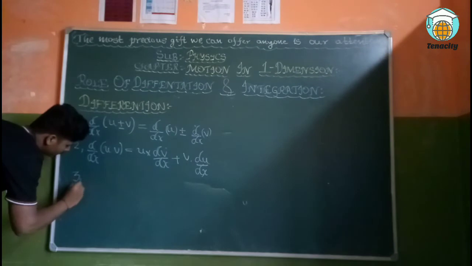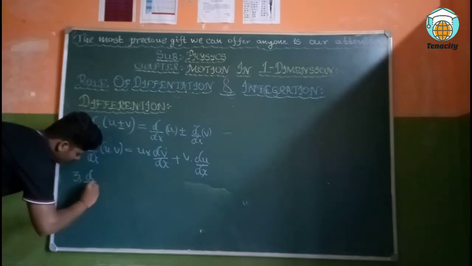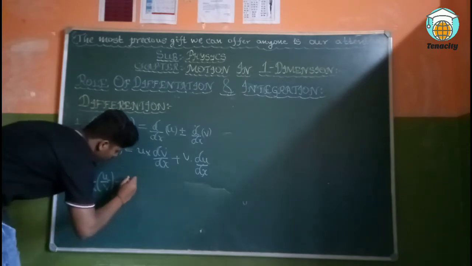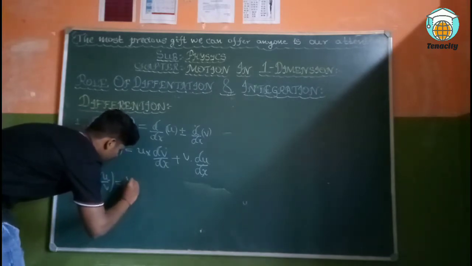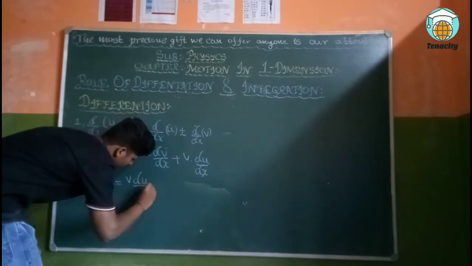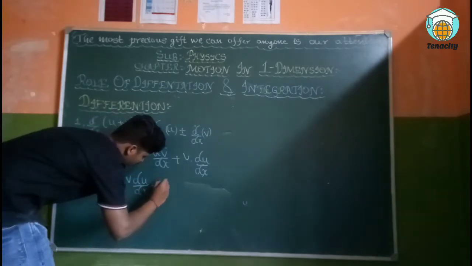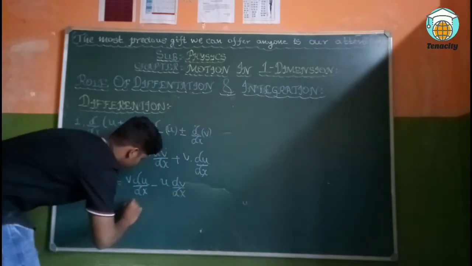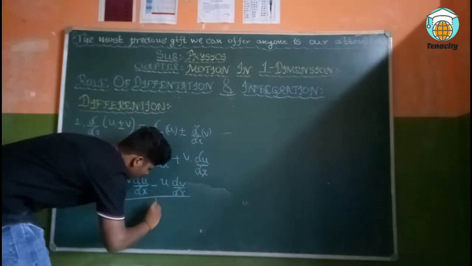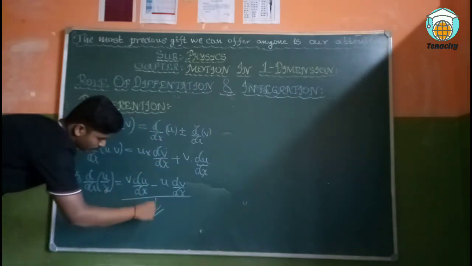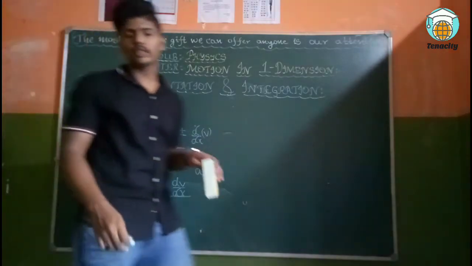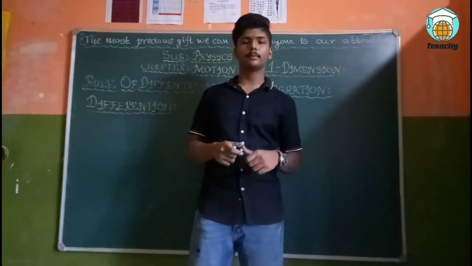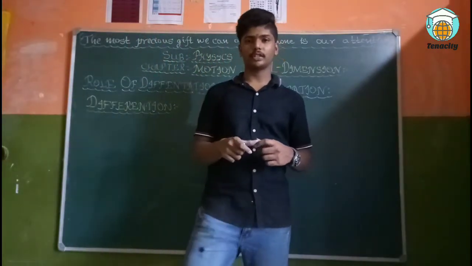The third one is division. d by dx of u by v is equal to v du by dx minus u dv by dx, whole divided by v square, that is the denominator square. I hope you are clear with the operations of differentiation. Now let us discuss some problems related to differentiation.